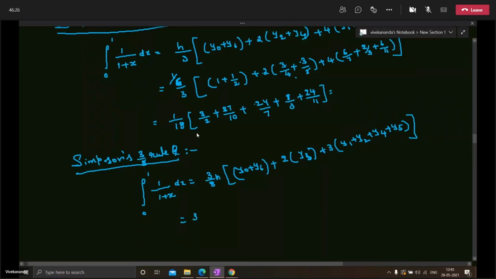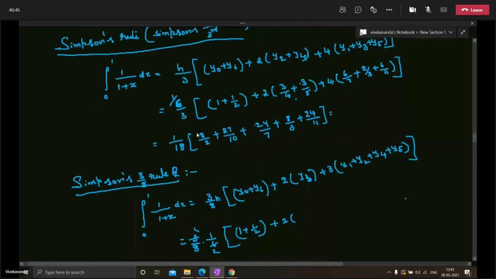Which is equal to 3 by 8 into 1 by 6 into y0 is 1, y6 is 1 by 2, plus 2 into y3 is 2 by 3, plus 3 into y1 is 6 by 7, plus y2 is 3 by 4, plus y4 is 3 by 5, plus y5 is 6 by 11.